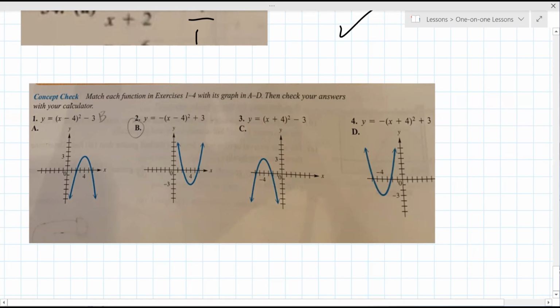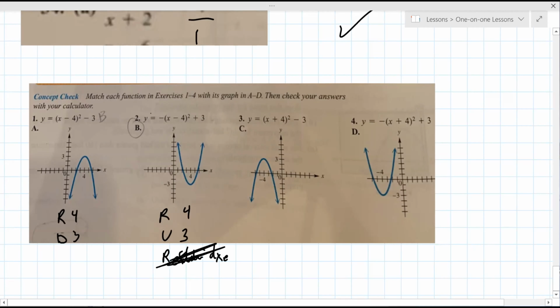X minus 4 means to the right 4 units, and then minus 3 is down 3 units. So right, and it isn't reflected on the x-axis, so it'll open up exactly like a U shape. So 2 is right 4 up 3, but it's also reflected over the x-axis. Which one is that?